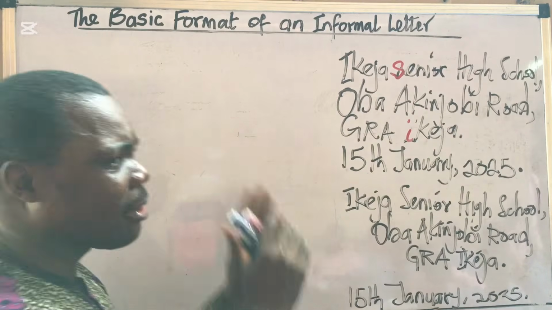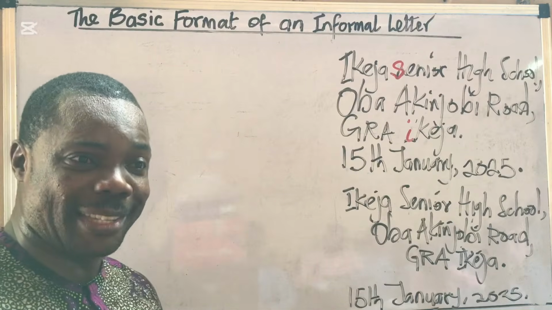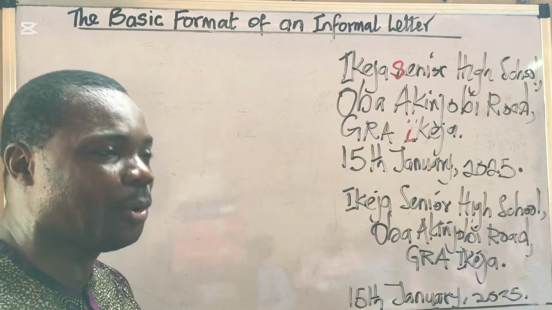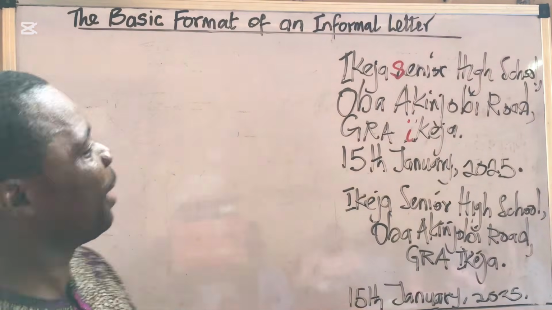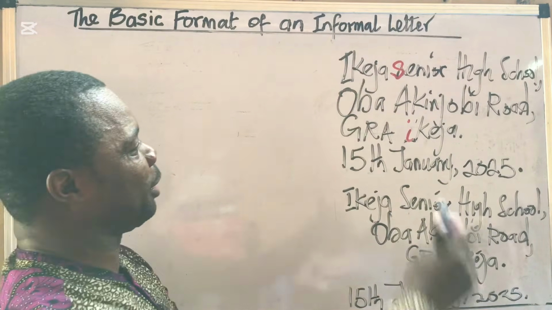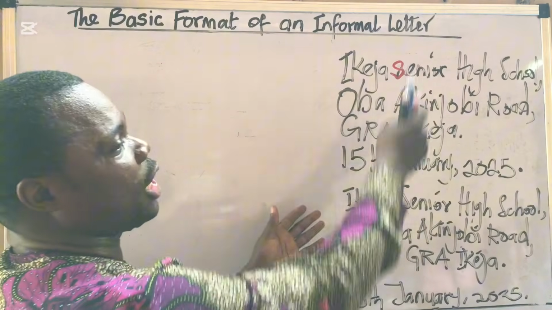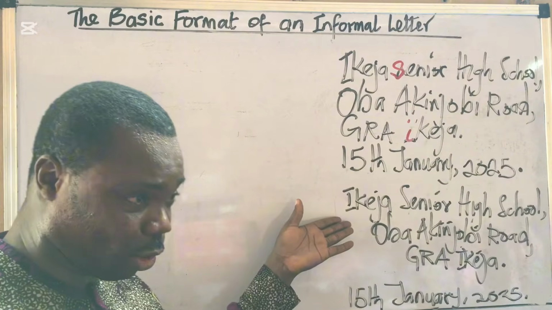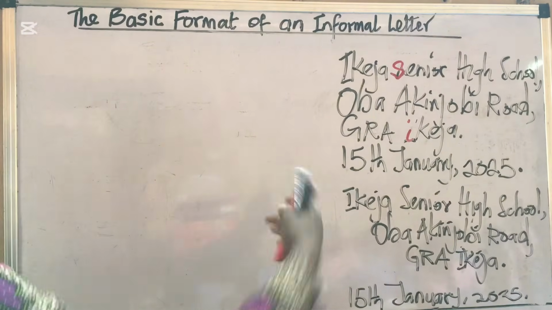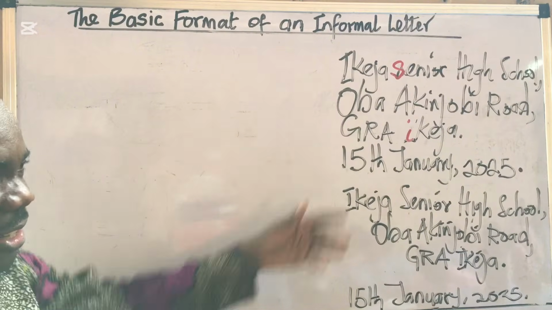So when the address is well written, everybody will say, wow, I think this student has an idea of what to do. So let us get going. And the person would like to continue reading your letter. But when you start and you carry small letter, big letter, capital letter, and you just get everything like that, and the date you say 15 raised to power th, oh my God, then there's going to be trouble.